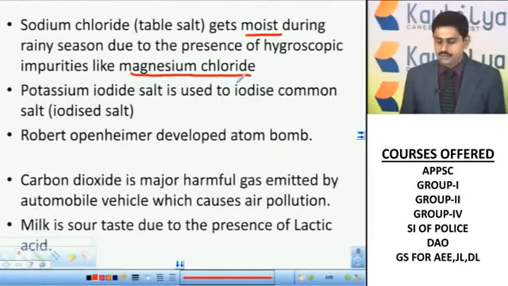It is moist during the rainy season because of the presence of impurities called magnesium chloride. Why does the presence of magnesium chloride cause the moisture?